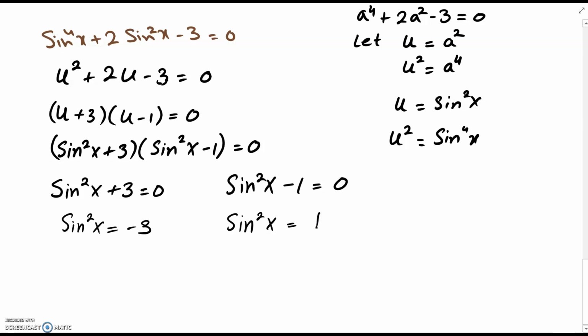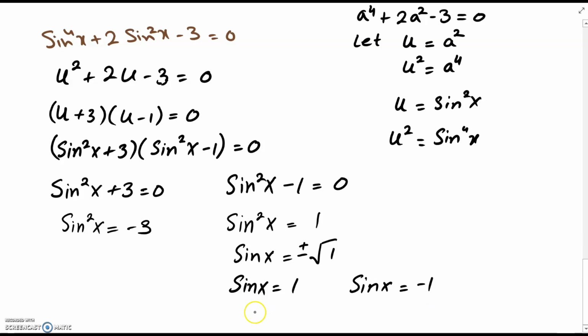Take the square root on both sides. You will get sine x equals the square root of 1, and then plus or minus, because whenever you take a square root you have to write plus or minus. So you write sine x equals 1 and sine x equals negative 1.